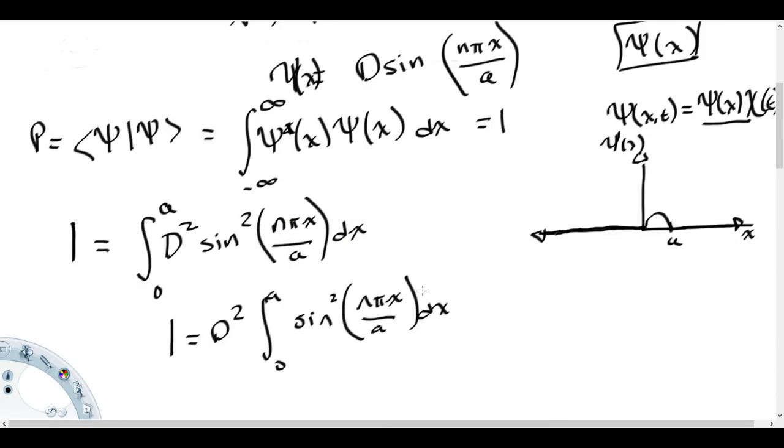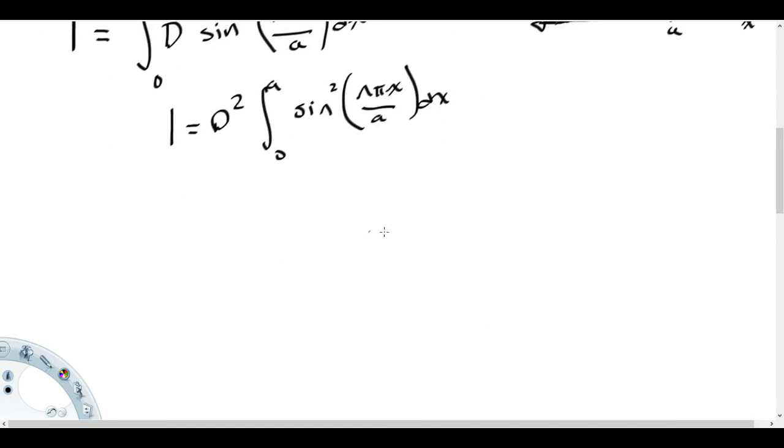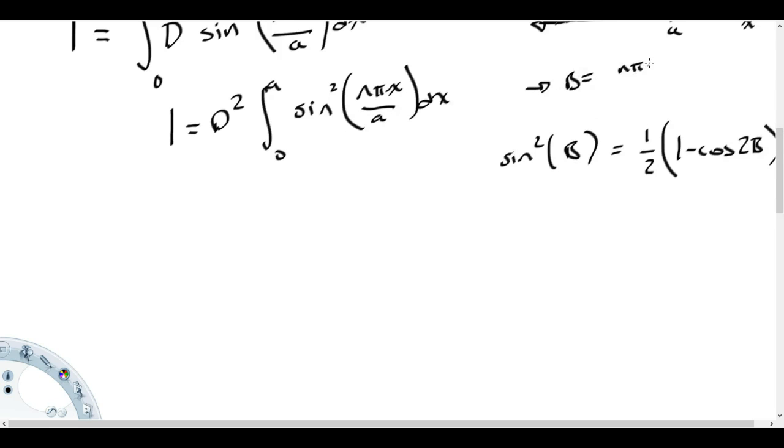Now here we have to use a trig identity to substitute in. So I use taking sine squared of, let's say, some arbitrary value b. The identity for this is half times 1 minus cos 2b. So in this instance, our b is n pi x over a.